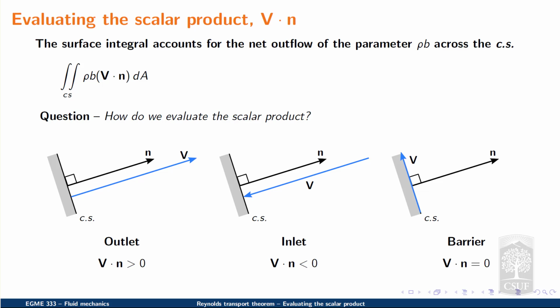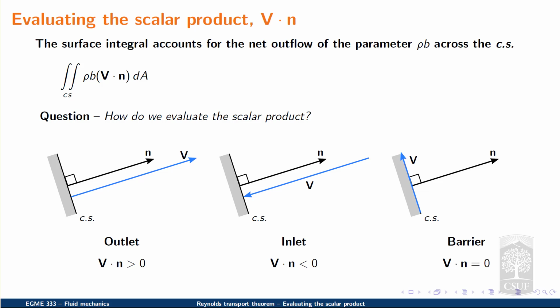In this case, we can imagine that locally, the velocity field is traveling parallel or tangential to the local control surface. So in essence, the flow is neither entering nor exiting the control surface, but rather traveling around it, along the control surface.